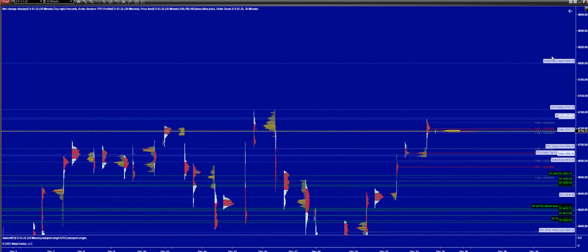Again, as I mentioned, I do not want to marry these single prints. They may get repaired not today, tomorrow, after 1 week, 2 weeks, or after a month. It will happen only once aggressive sellers participate in the market. At this point of time, momentum buying is very strong, so we have to stay with the momentum buying as long as it's sustained in the market.